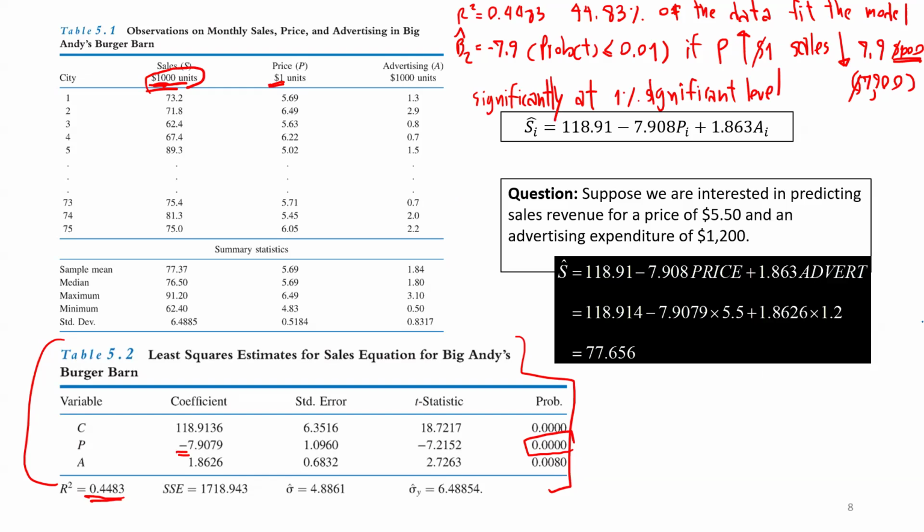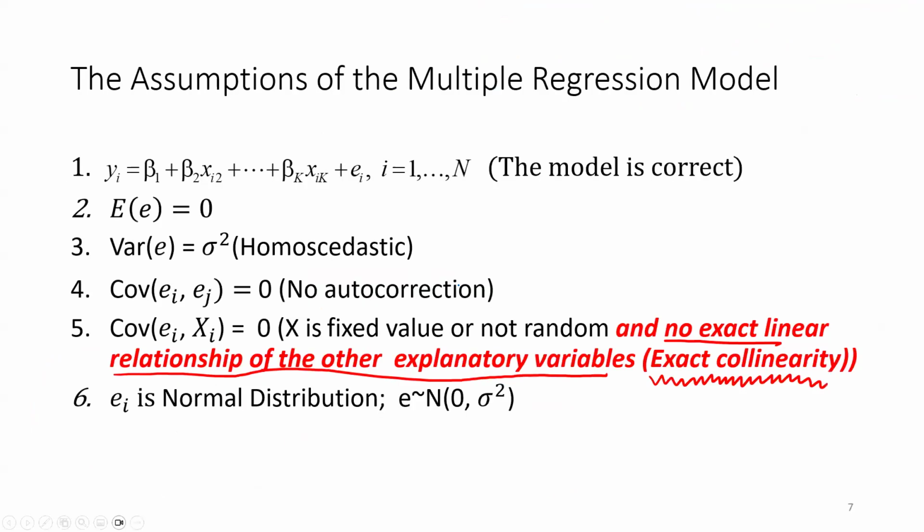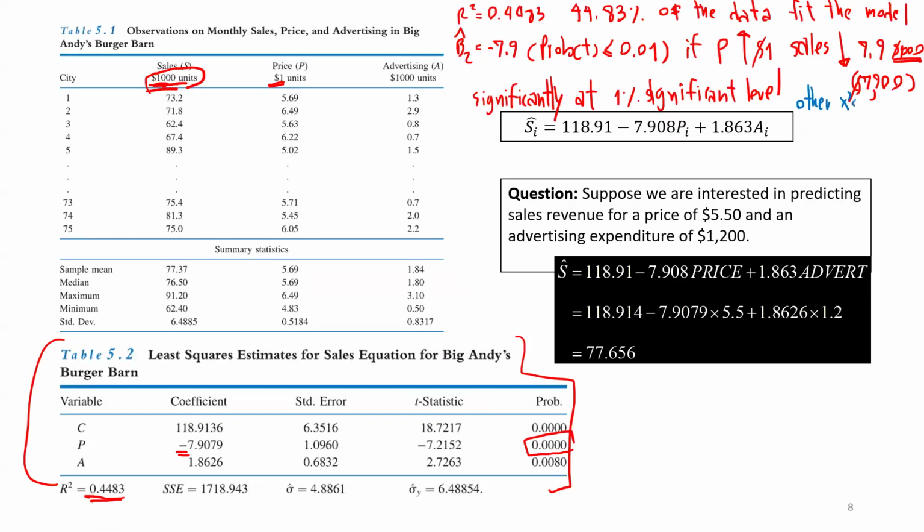And then the thing you have to add in the sentence, because we have two variables here, is that you have to write that the other X is held constant.